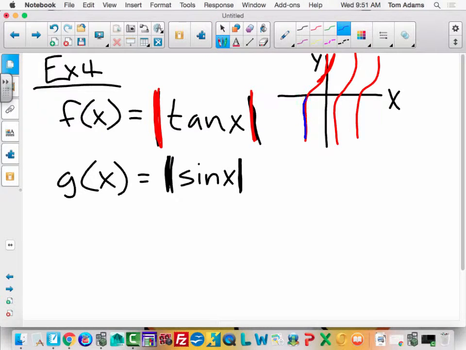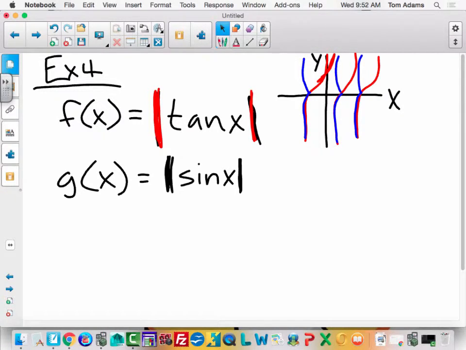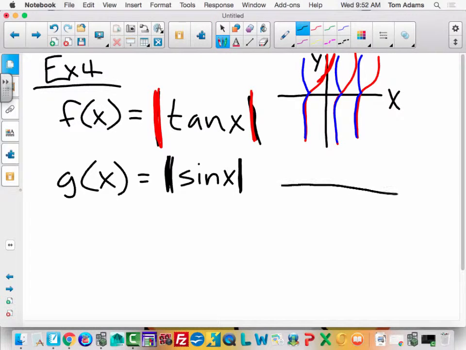So all these negative values, what happens to them? They don't go away. They become positive, which causes them to flip up. So you're going to get something like this.